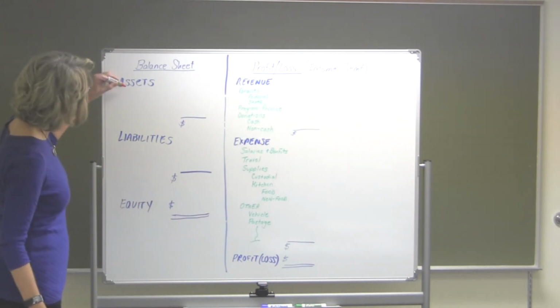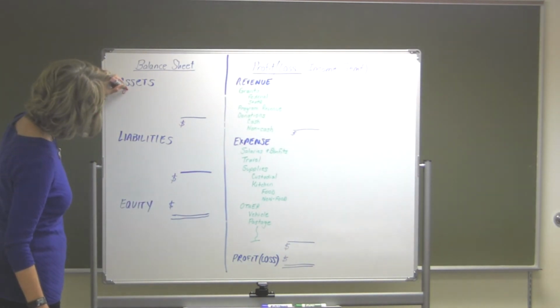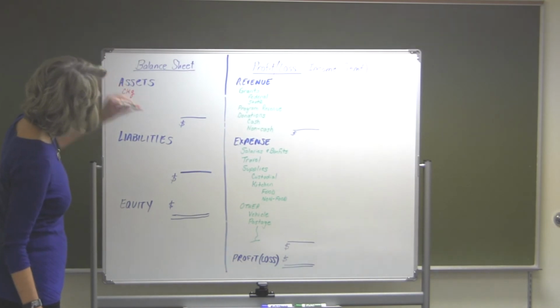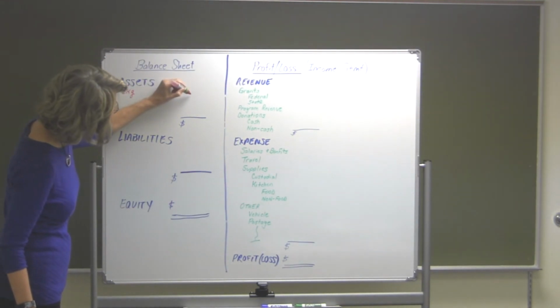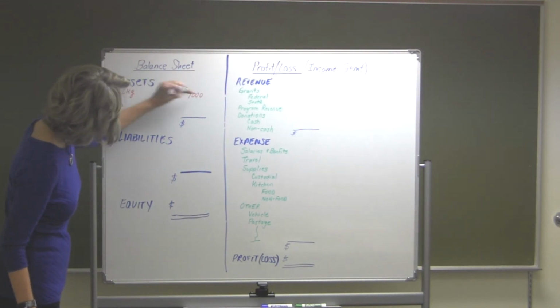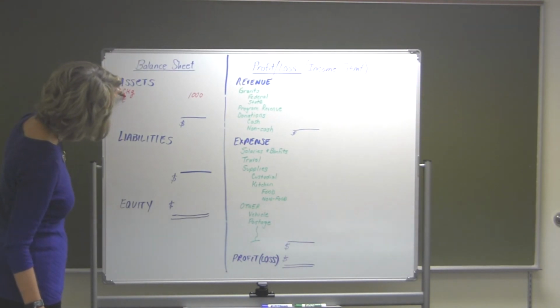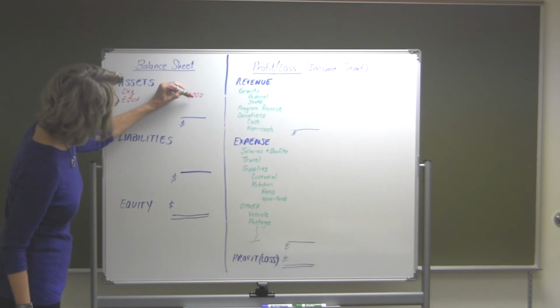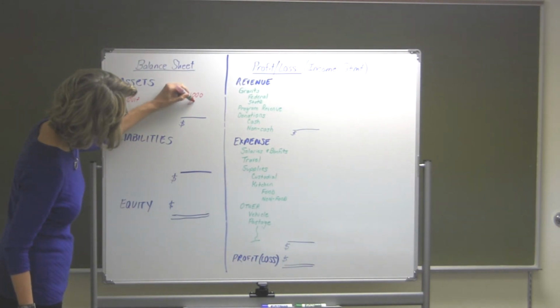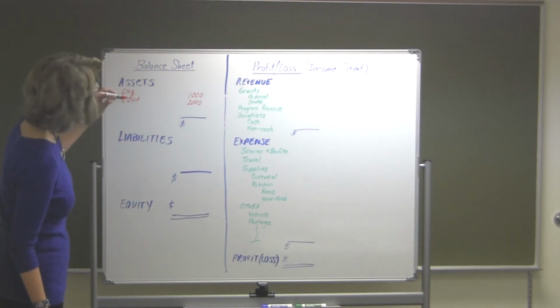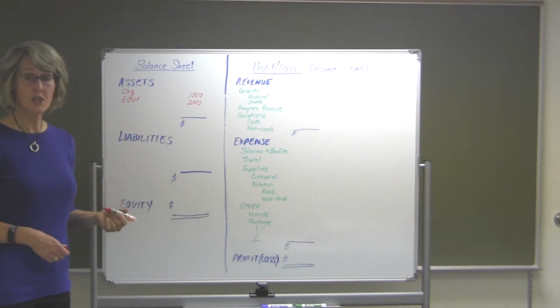Some assets that you might have, of course, is your checking account, which is going to have some kind of value. You're going to have equipment, which has some cost value, and you're going to have depreciation on that equipment.